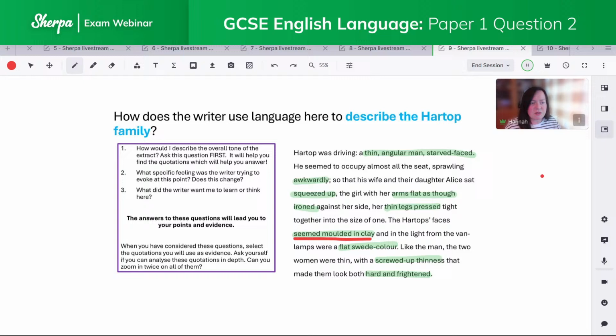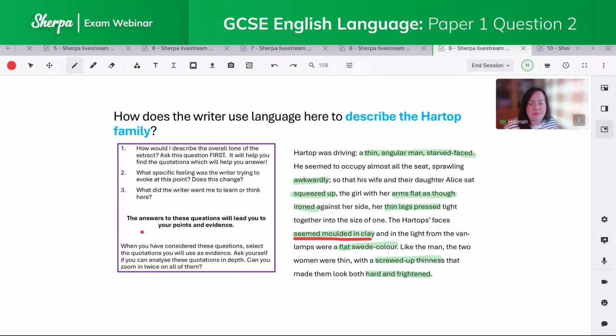The problem was students picked it and then didn't really know what to do with it. They knew it was a good quotation, but they couldn't put into words why it was intriguing. That means they shouldn't have picked it. If you pick a quotation and decide, actually, I don't really know what I'm trying to say, abandon it and pick a different one.